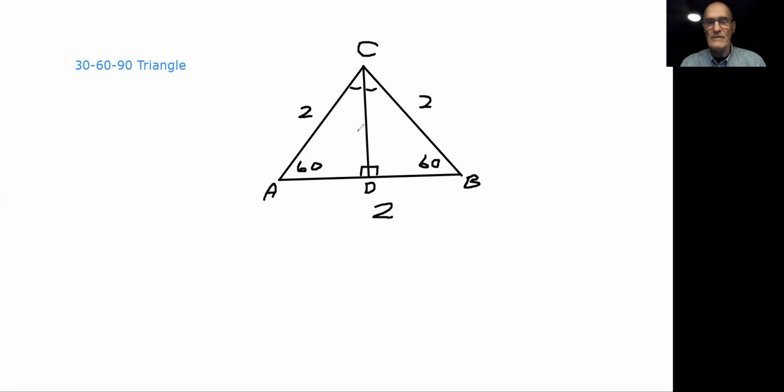So now if you can visualize, that makes this angle up here 30 because I split a 60 in half. And since these two triangles are congruent, that means AD is 1 and DB is 1.